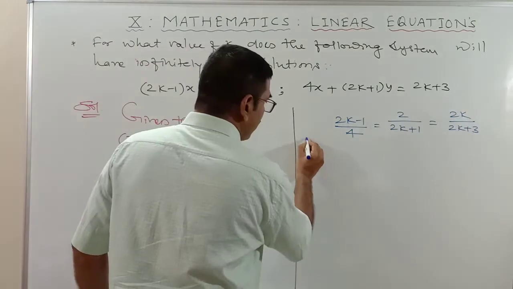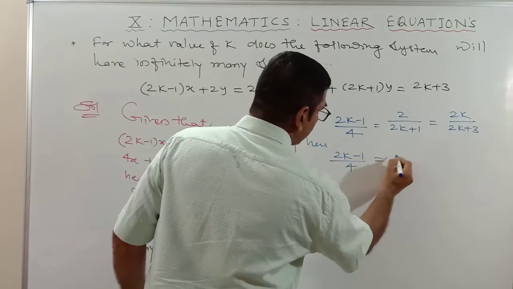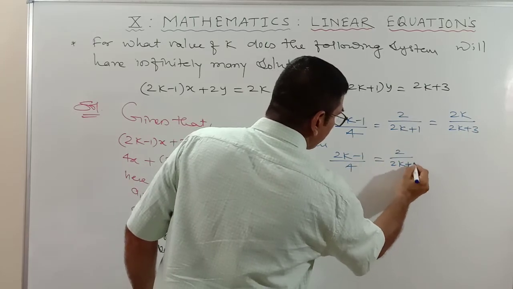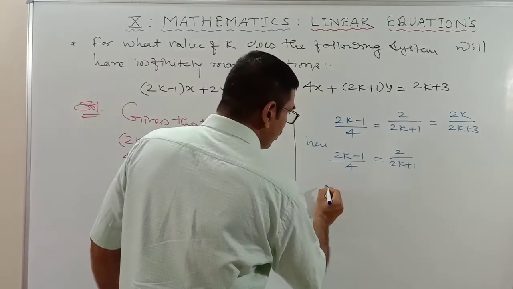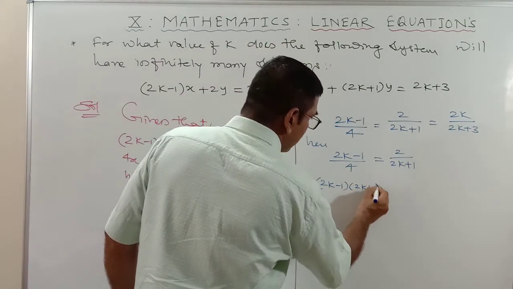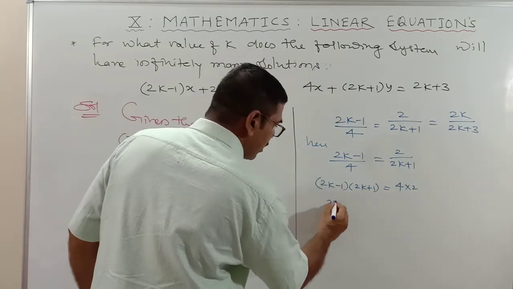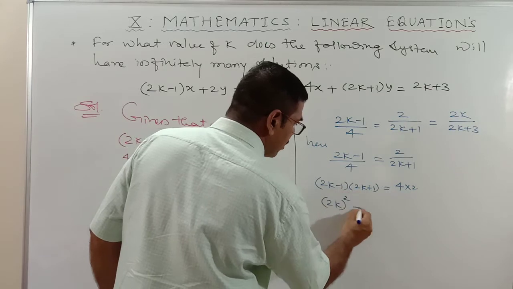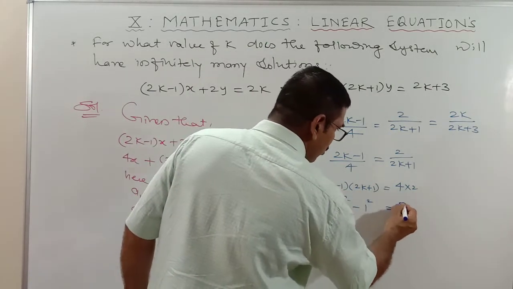So here 2k minus 1 upon 4 is equal to 2 upon 2k plus 1. We are just cross multiplying that. So it will be 2k minus 1 into 2k plus 1 is equal to 4 into 2. So it will be a plus b, a minus b: 2k whole square minus 1 square is equal to 8.